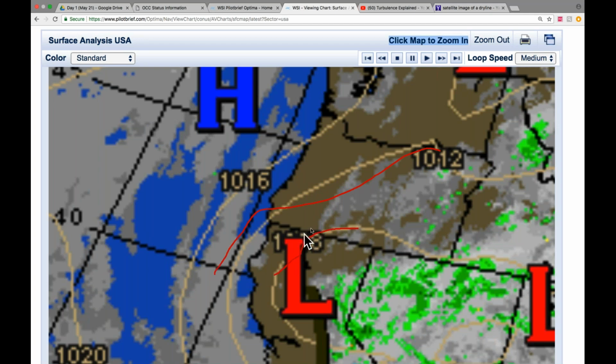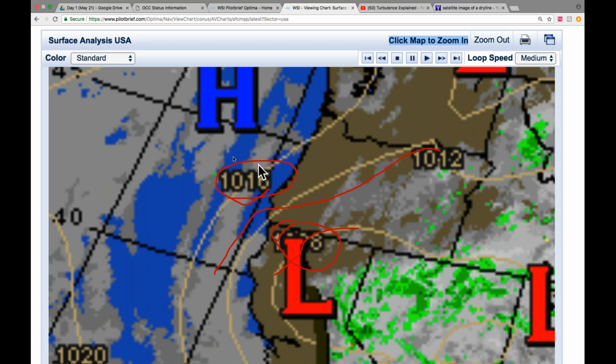So this is 1028. I know that's hard to see, but 1028, you've got a 1012, 1016, 1020. So these numbers here are millibars or hectopascals, right? So this is when we're talking about barometers.